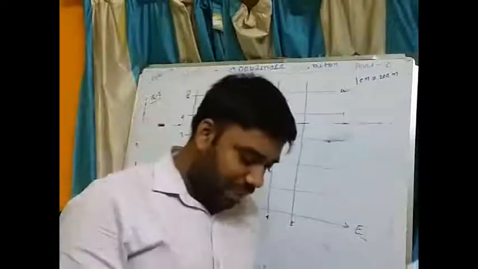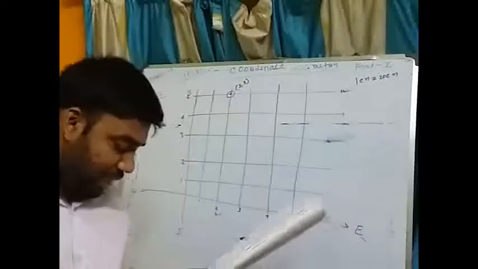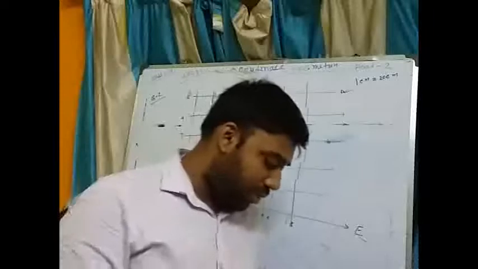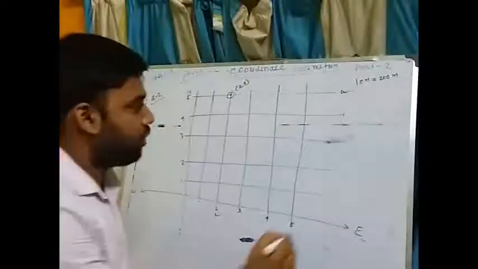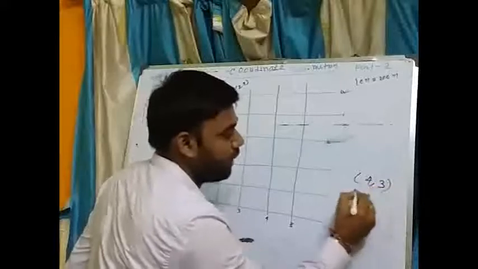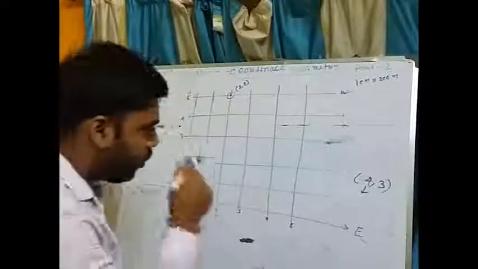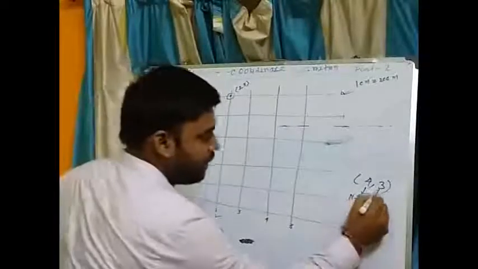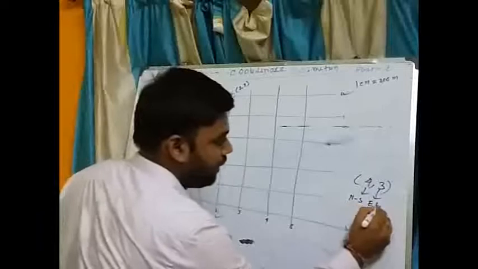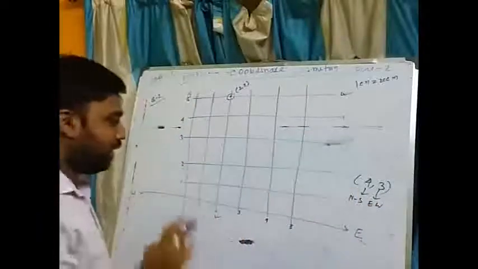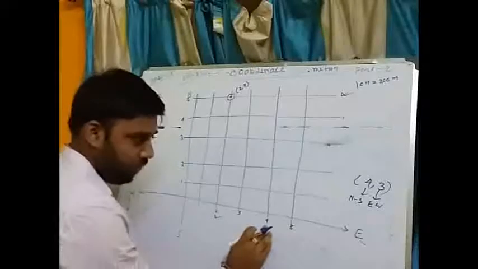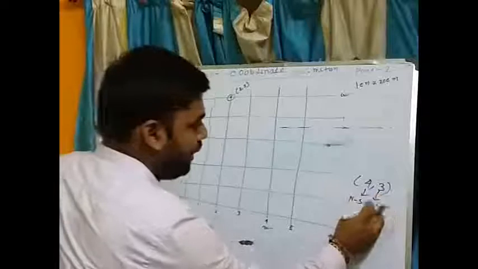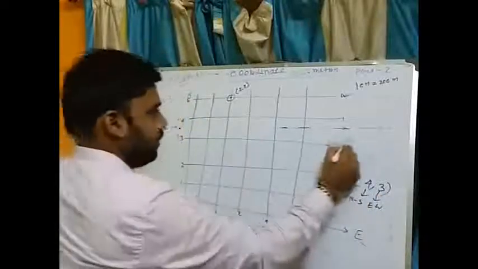Using the same convention, how many cross streets can be referred to as 4,3? 4 means the north-south direction, and the second number is the east-west direction. So road 4 in the north-south direction is this one, and road 3 in the east-west direction is this one.